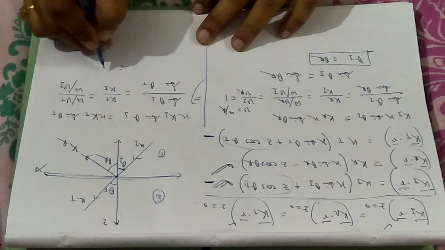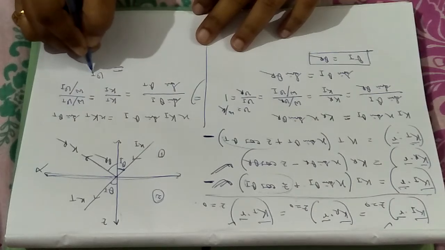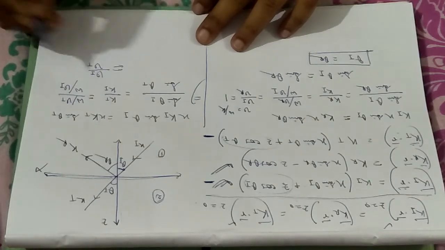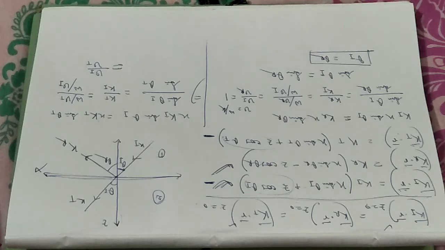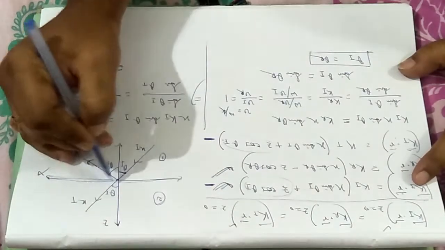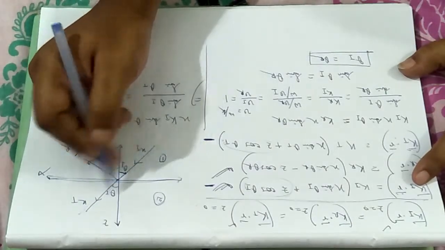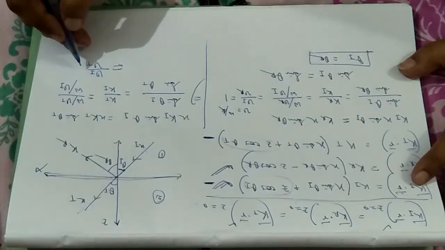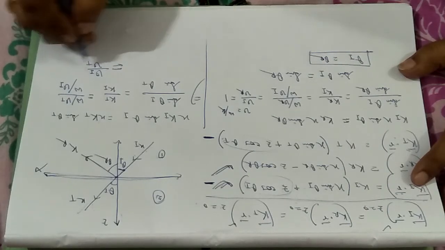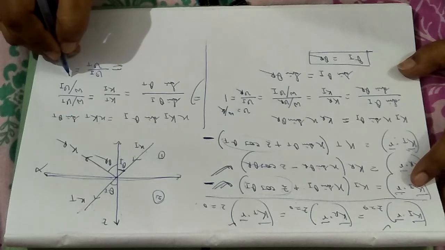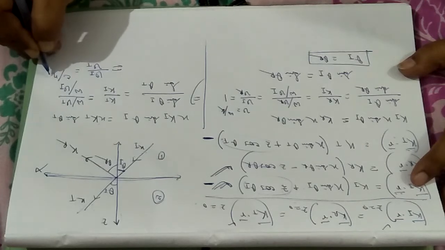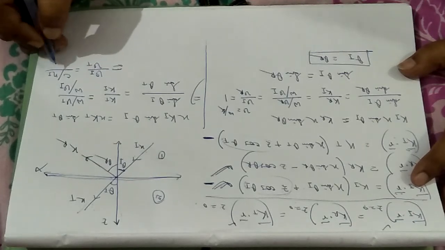So this can be written as Vi divided by Vt. But the velocities of the waves in the two mediums, this is the incident ray, this is the transmitted ray, both are traveling in different mediums. As these are traveling in different mediums, the ratio of velocity will not be equal to 1. So Vt and Vi can be written as c by Nt or eta t, and c by Ni or eta i.